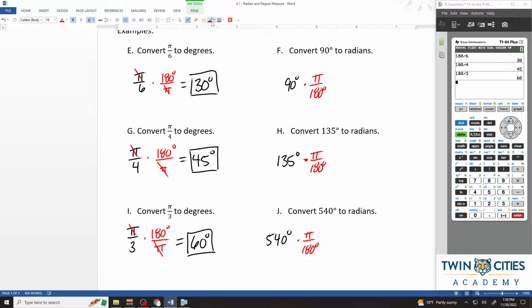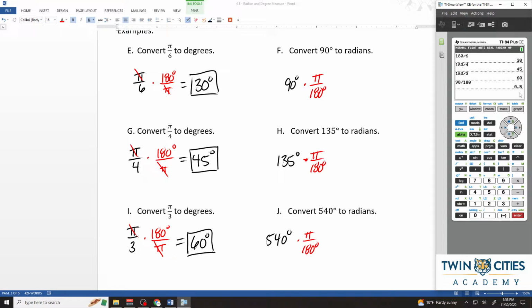Okay, here's how you do this. In your calculator, you're essentially going to have 90 pi over 180. So you can take 90, divide by 180, and you get 0.5 pi.